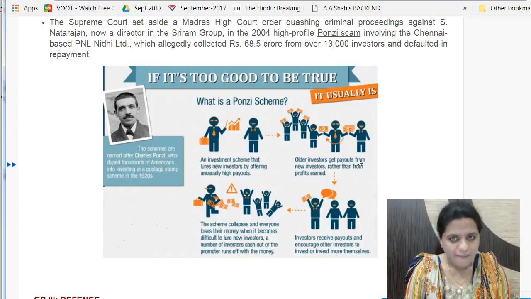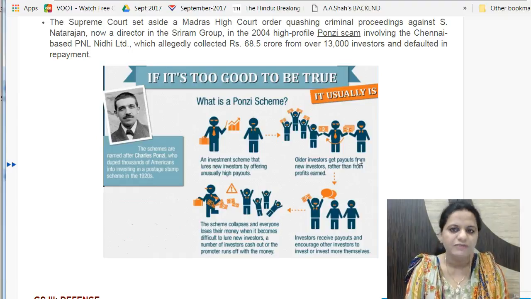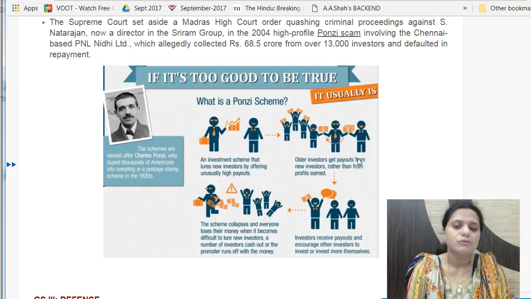But this is a scam because of how they get the money to double and repay the investors: through a fraud. They are not investing this money. The pool of funds which has been accumulated is not invested in some productive activity or business which will generate profits that are distributed. That is not the case.